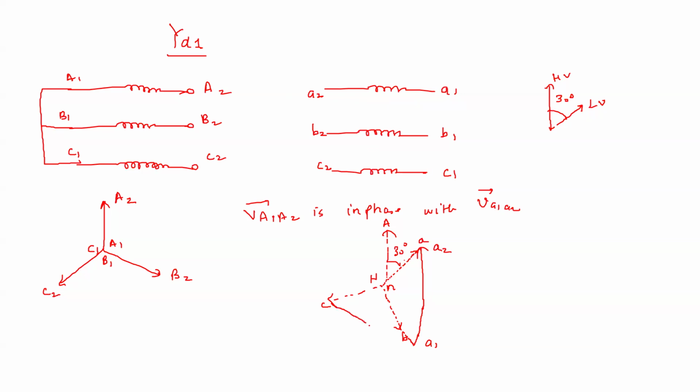So I will draw parallel like this. Okay, and we know that the B phasor should have B2. So I'm drawing the B2 here. And you know that this B1 B2 has to be in phase. Okay, so this B1 B2 are in phase. Is it not? So you can see that this A1 has to be connected to B2. So from this diagram, A1 has to be connected to B2. Okay.